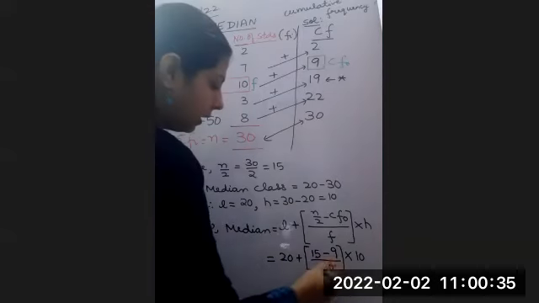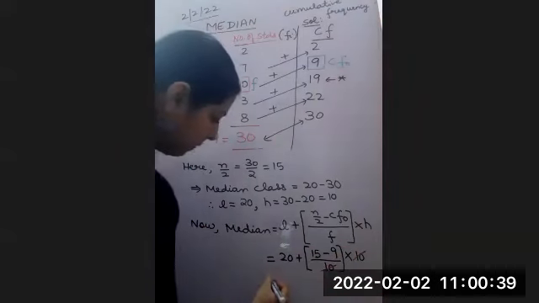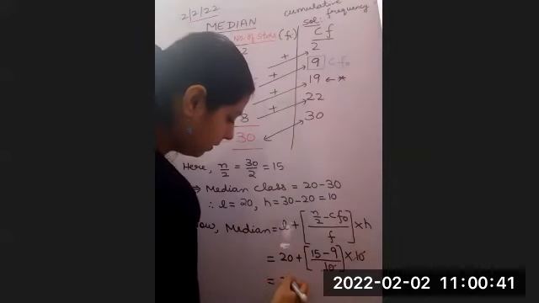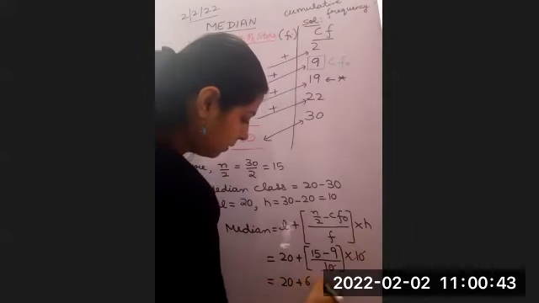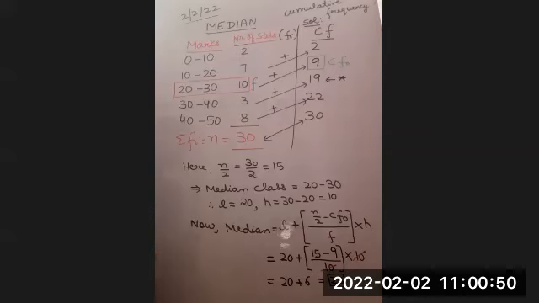Very easily 10 and 10 get cancelled. 15 minus 9 is 6. So 26.